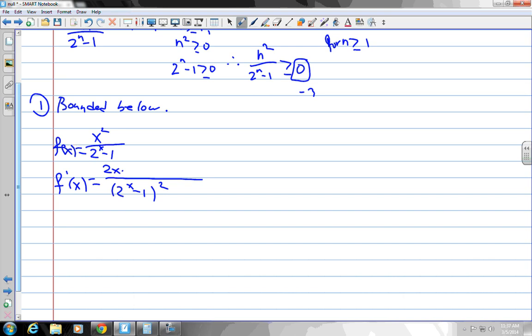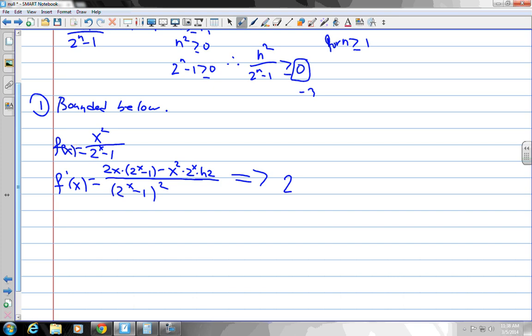So it's 2x times 2 to the x minus 1, minus x squared times 2 to the x times the ln of 2. I have to show that the numerator is negative. If the numerator is negative, then we're golden, because the denominator is positive. So let's mess with that numerator.